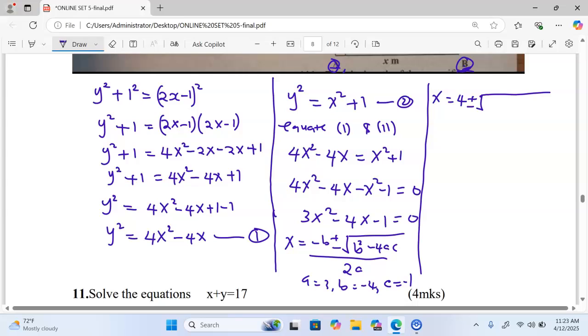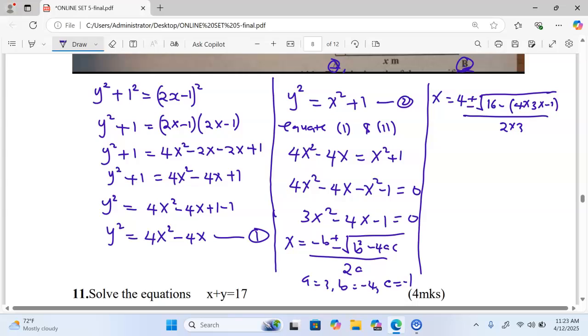B squared is minus 4 squared, which is 16, minus 4 times a, which is 3, times c, which is negative 1, divided by 2 times 3.